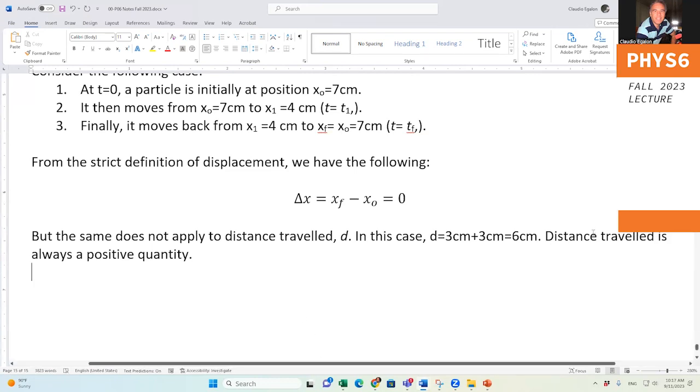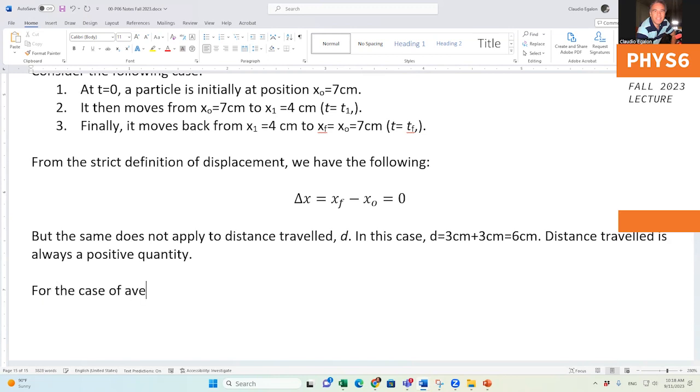We need this definition of distance traveled because we're going to define speed as well. For the case of speed, we have the following definition.